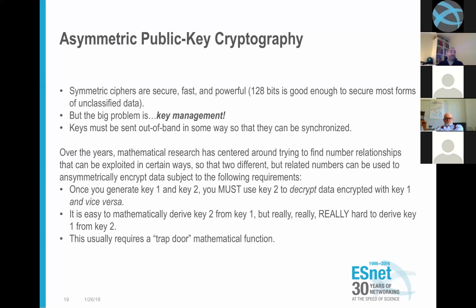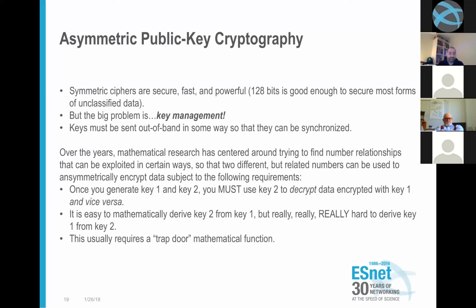So how do we do that when we're doing things like going to a website, and we want to encrypt the stuff that's on the website? Or how do we do that key management when we're just trying to send somebody an email that we want to encrypt? So it turns out one way to do this is to use what we call either asymmetric cryptography or public key cryptography.